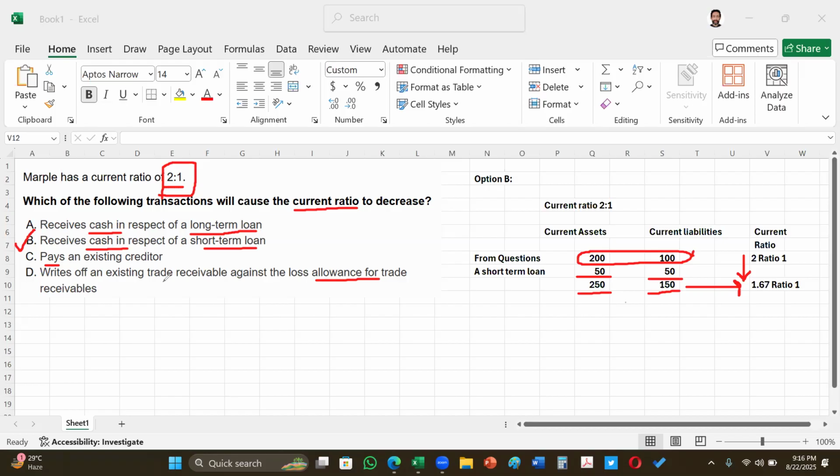Fine, so option D would have no impact at all. The irrecoverable debt that we have just written off was already part of the allowance for the trade receivables. Fine, so we need to disregard option D as well, and the option that actually reduces the current ratio is option B. So I hope this makes sense. It looked like a very innocent question, but it had this trick of option B.